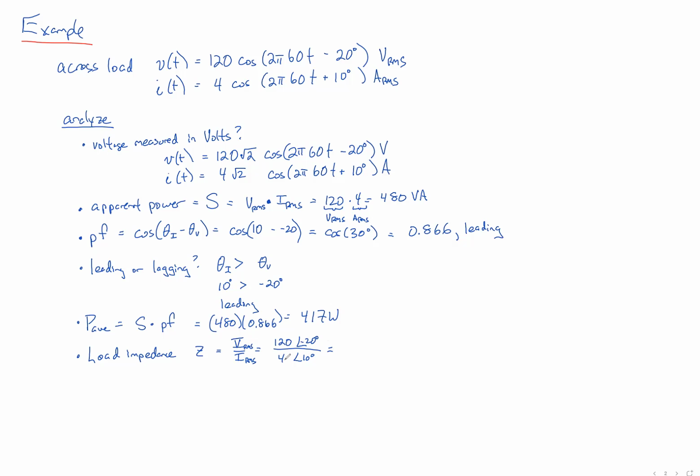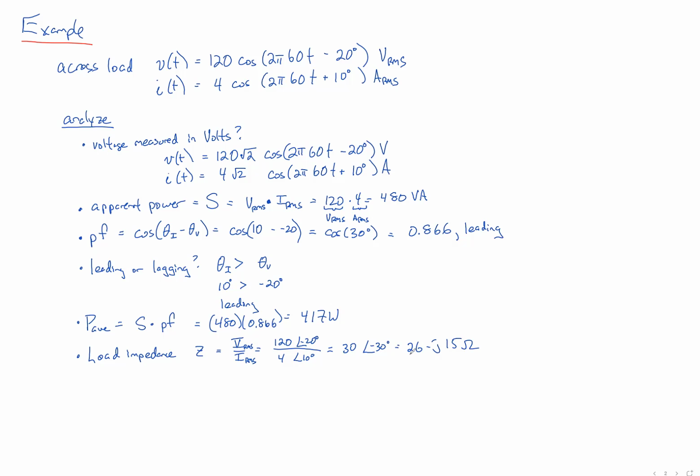And so we have 120 over 4, which is 30, and -20 minus 10, which is -30. In rectangular notation, because we always write impedances in rectangular and we write sources in polar, this is 26 minus j15 ohms.